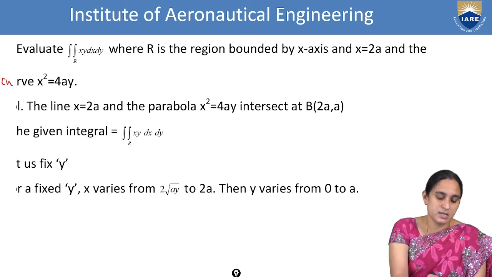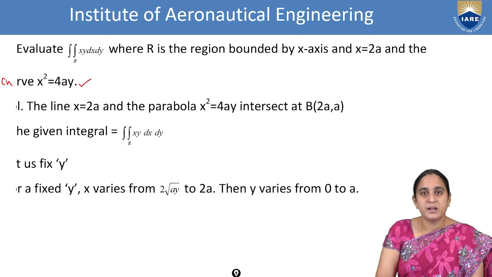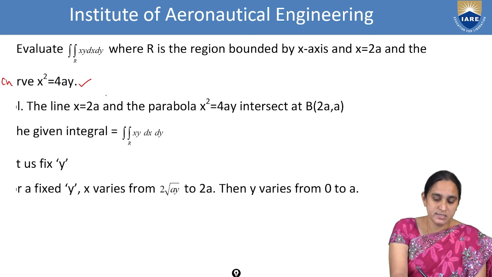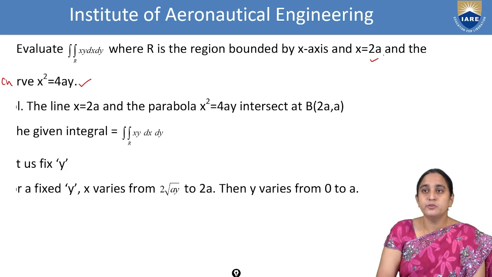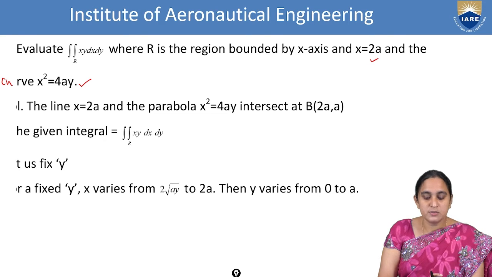Once you observe, x square is equal to 4ay is also a parabolic equation, and the line is x is equal to 2a. The procedure is the same as the previous question. First find where the two intersect to get the limit points, and then from the diagram decide which is the upper point and which is the lower point.